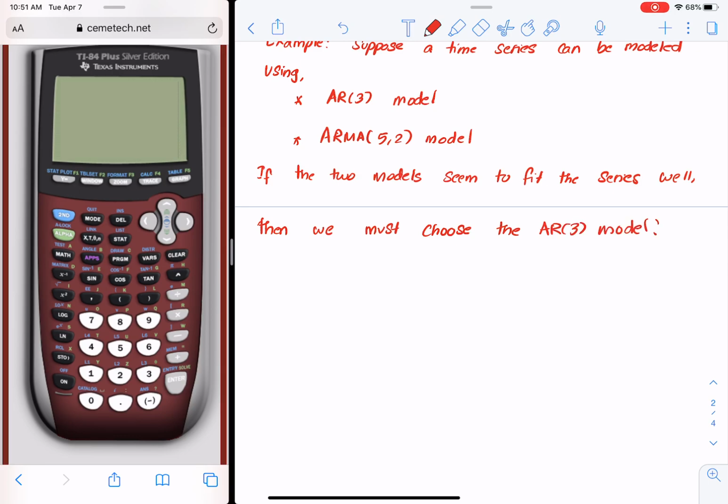Why is that? Well, an AR3 model has three coefficients, which would be phi1, phi2, and phi3.